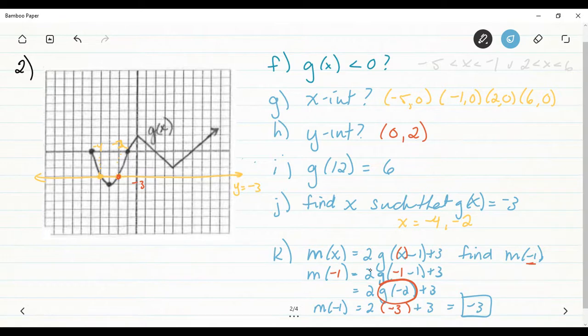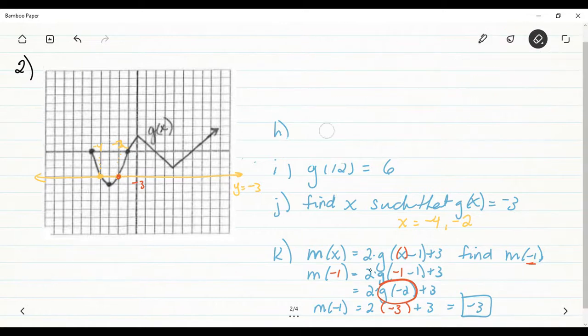This notation is 2 times g of our function, and in this case g came out to be -3. We evaluate that from the graph, and then we use that number to find our function value. The last question on this particular page deals with average rate of change.